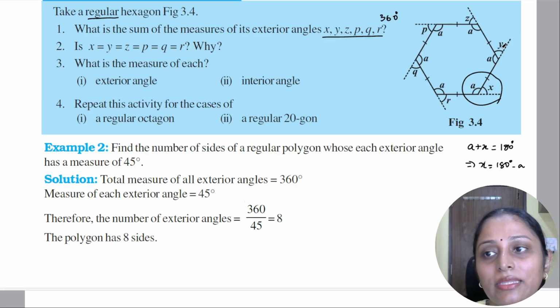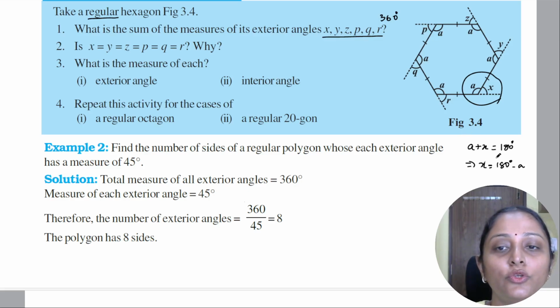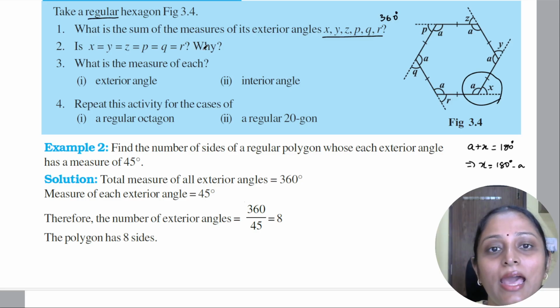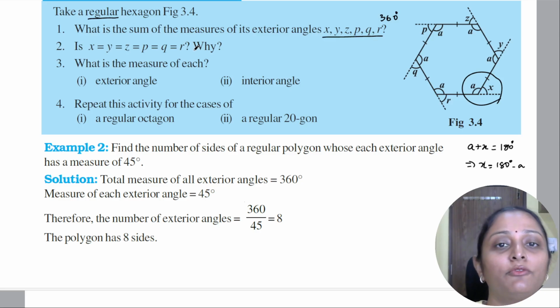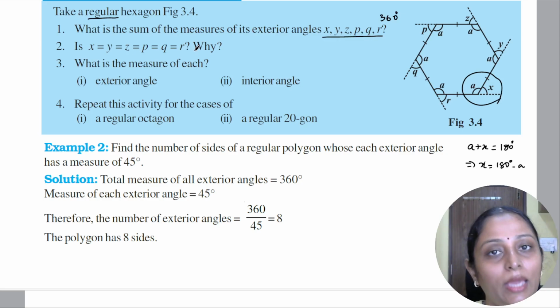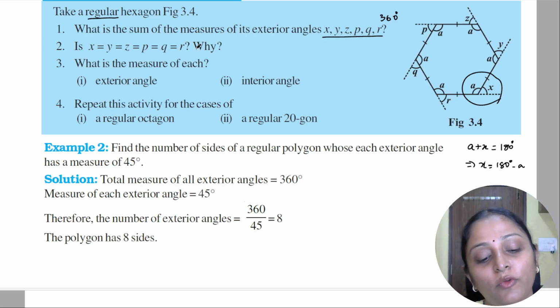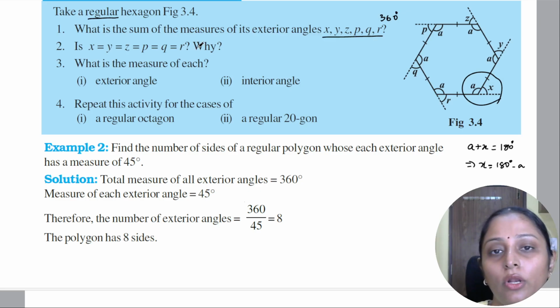Clearly, you can say that y is 180 minus A, z is also 180 minus A, p, and so on and so forth, right? So you clearly see that these exterior angles are also equal, right? So for any regular polygon, equiangular means interior angles are equal, from which you can conclude that exterior angles are also equal for any regular polygon. Okay. Now why? We have just looked at the reason.